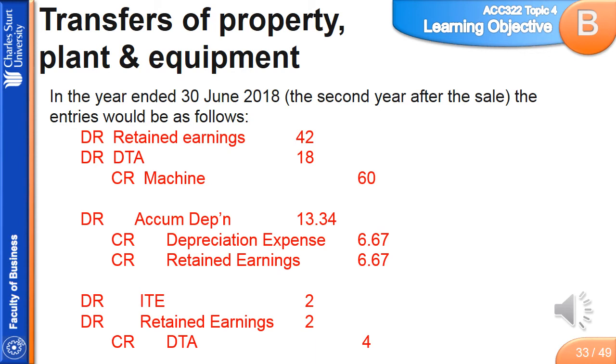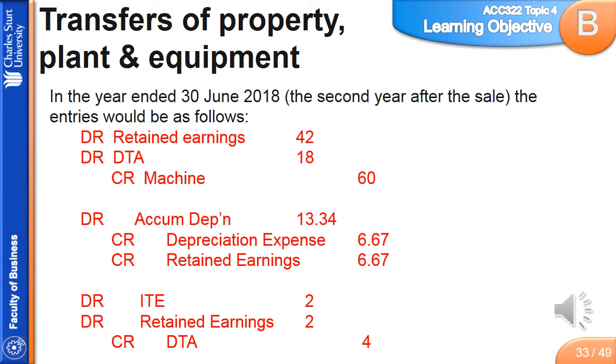And then as well as that, we've got this tax effect adjustment by income tax expense, which is 6.67 times 30%, retained earnings, which is again the same formula, and then deferred tax asset, which is 13.34 times 30%.